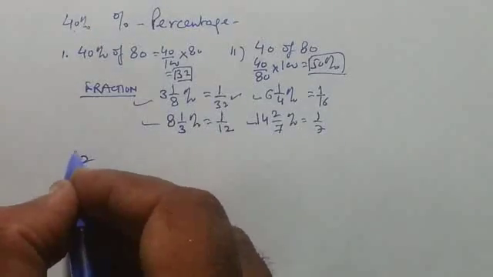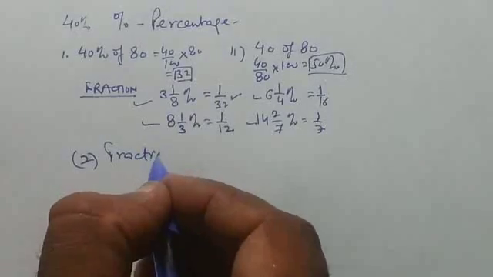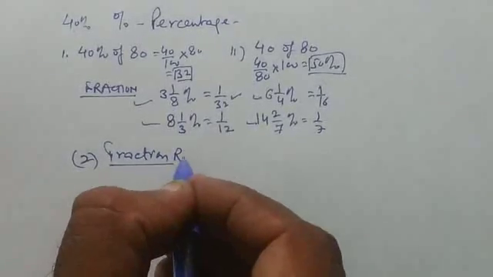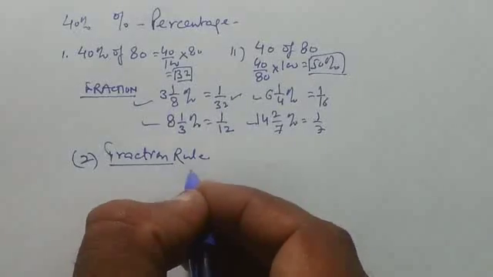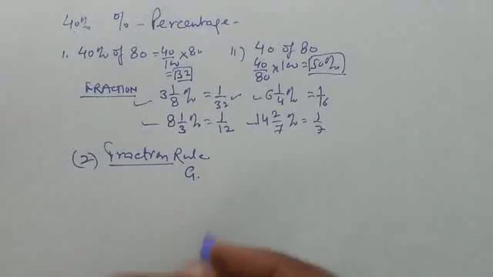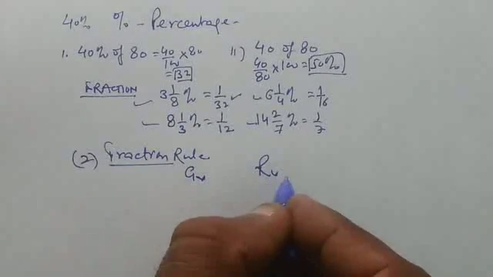Secondly, you should know a rule, that is a fraction rule, and that will be used at big length. Fraction rule. It says that I am having a value which is given to me, that is g, and I want to find out a required value. So a given value and a required value.